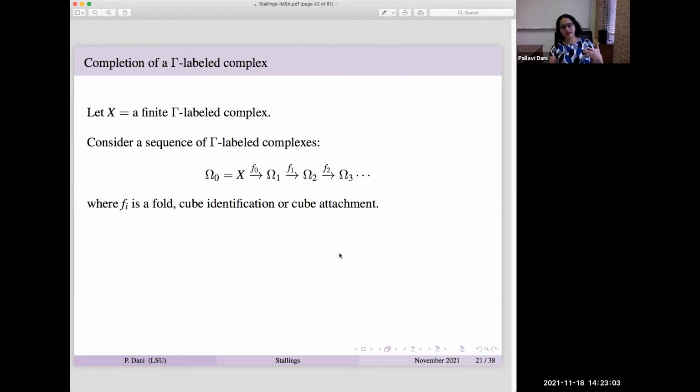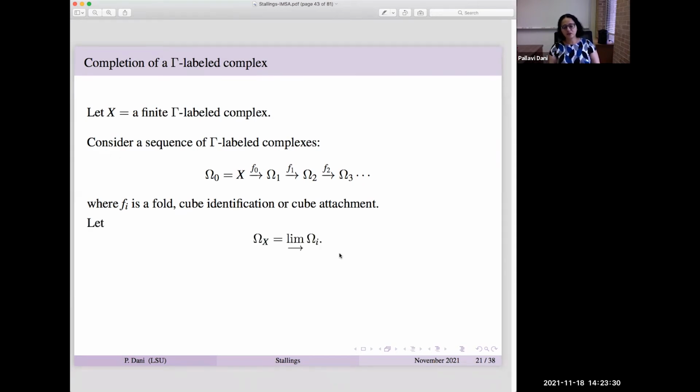Now there's immediately a problem, because in the free group setting, all we had was folding, and eventually, because folding always reduces the number of edges, this would stop. But in this case, we also have this thing where we attach cubes. And so you could just keep attaching and folding and attaching and folding, and this process might never stop.